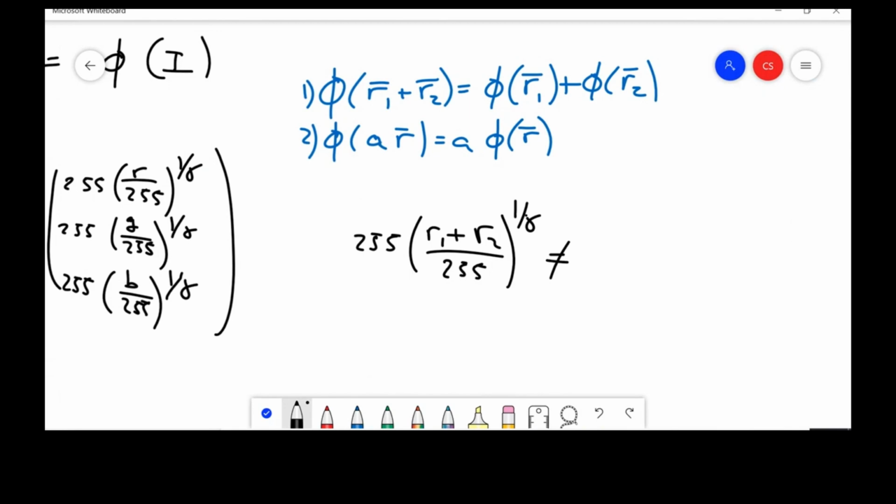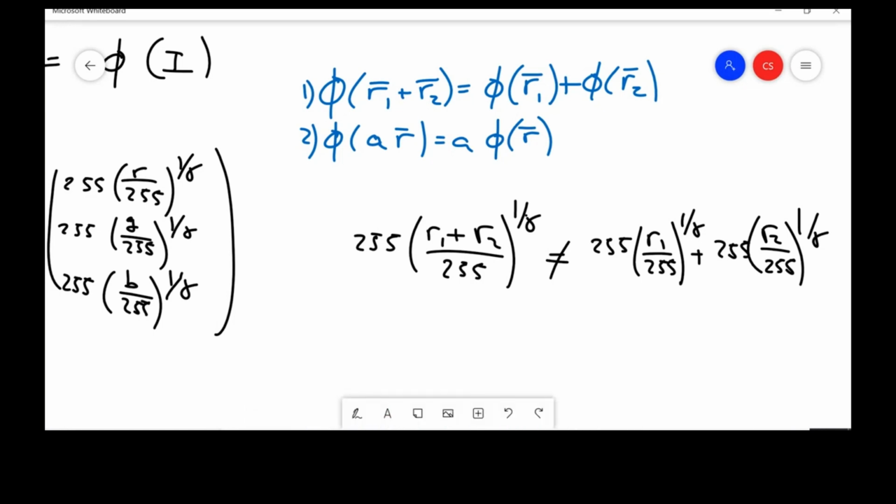What I should have is 255 times R1 divided by 255, plus 255 times R2 divided by 255. Those two things are different, so this is a non-linear transformation.